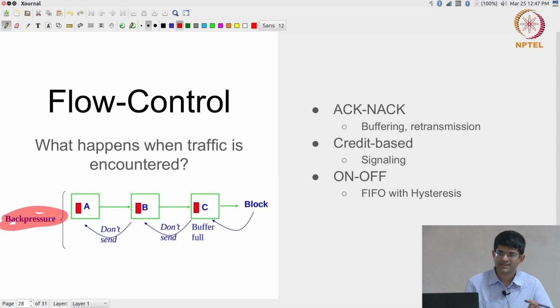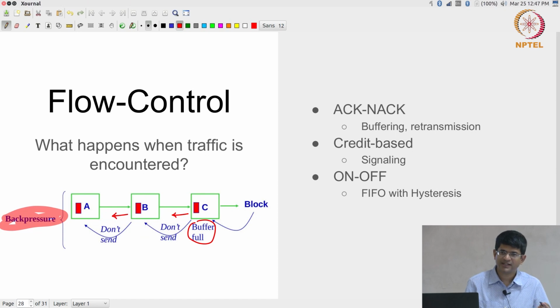Effectively what back pressure says is, there should be some way by which, normally what I have is a communication that goes from A to B to C. What if C is blocked? It's not able to send its output anywhere, or it's not able to store its output. It needs to be able to send a buffer full signal backwards, which basically indicates to B, don't send any more data. That in turn indicates to A, don't send any more data, okay.